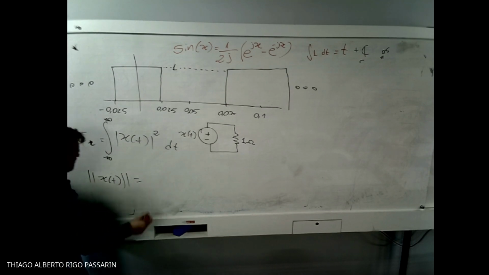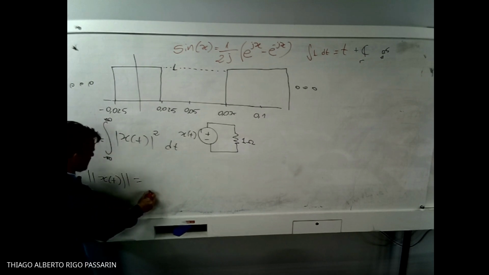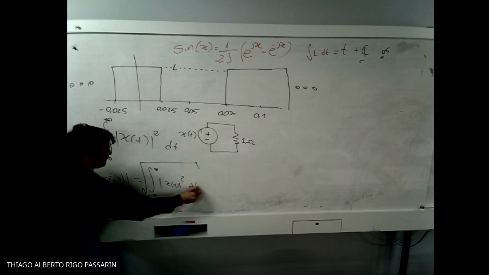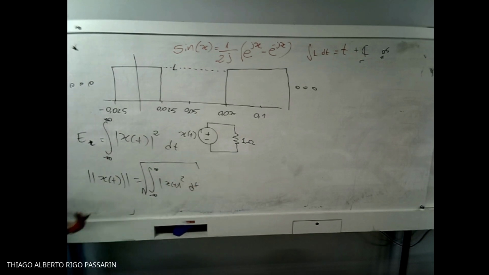So the norm of the signal is this. There's the square root here outside. This is the norm, this is the energy. We use this in the signal processing context outside electrical engineering.